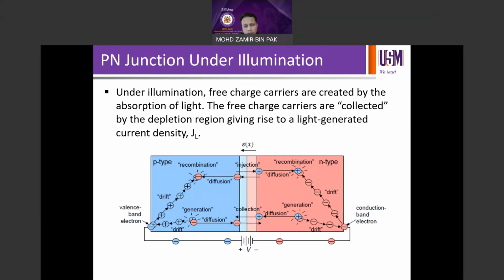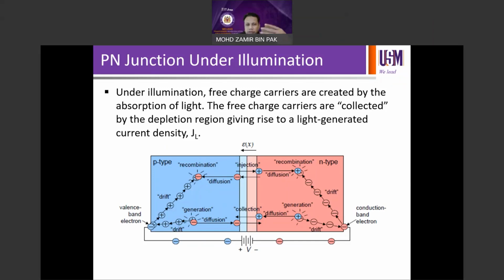right? So under illumination, free charge carriers are created by the absorption of light. Since we're talking about an illuminated PN junction, we're talking about absorption of light. And we've also discussed, you have to recall, the absorption coefficient and the absorption depth for a range of different semiconductor materials, for indirect and direct band gaps, all those.